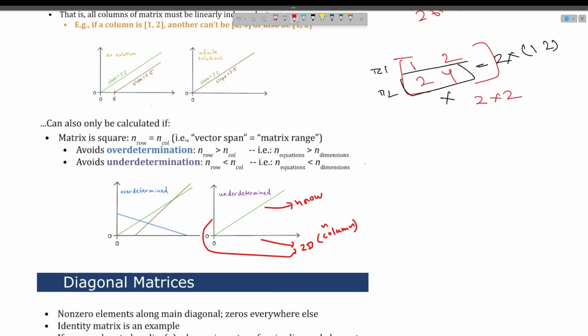So the number of rows, and the dimension basically means the columns, we have 2 columns. Okay, great. That's why we have created 2, no issues, 2 dimensions.